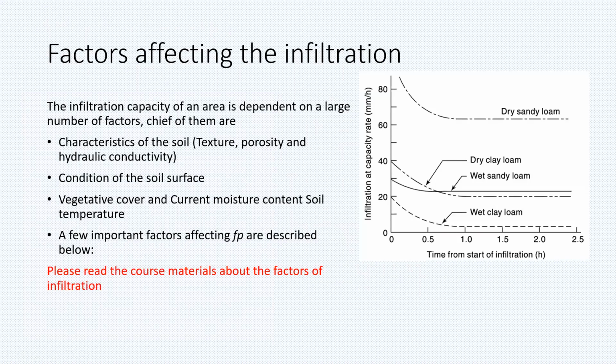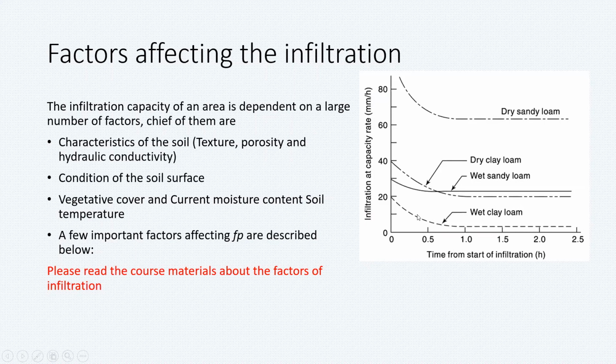Now, let us briefly talk about factors affecting the infiltration. The infiltration capacity of an area is dependent on a large number of factors. Chiefly of them are characteristics of soil, and you can see how the infiltration capacity varies with time in different types of soil.